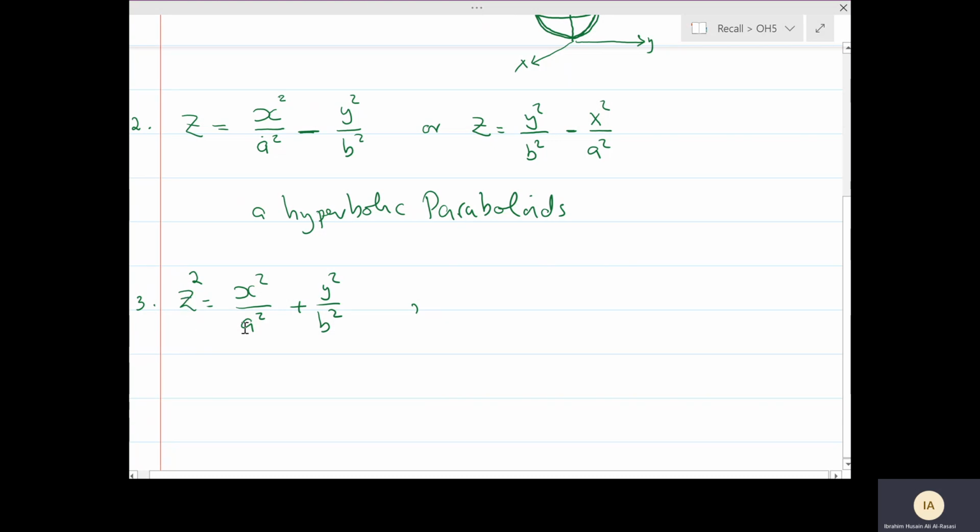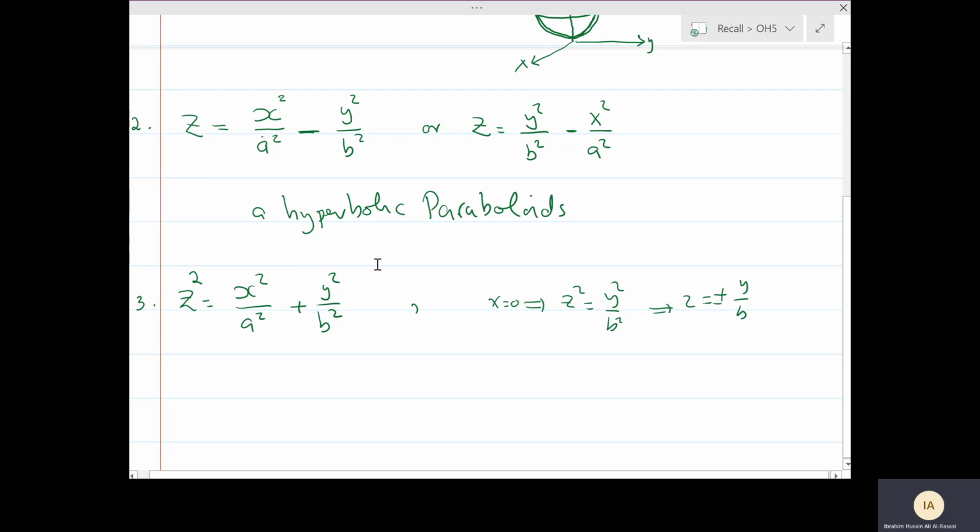If x equals 0, you get z squared equals y squared over b squared. So this implies z equals plus or minus y over b, so you have 2 lines. The same thing, if y equals 0, you get 2 lines. So the traces will be lines and ellipses.